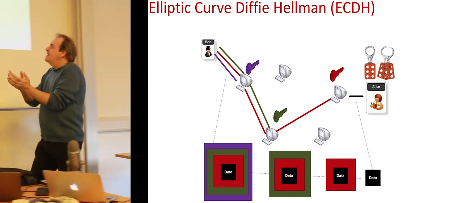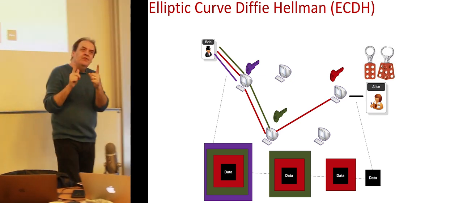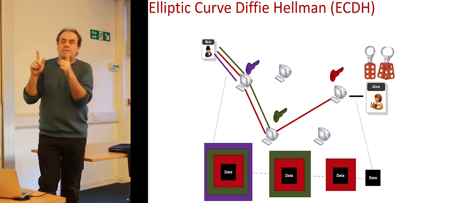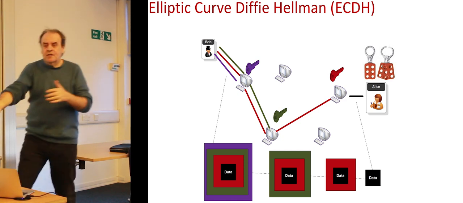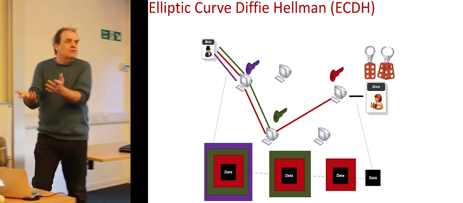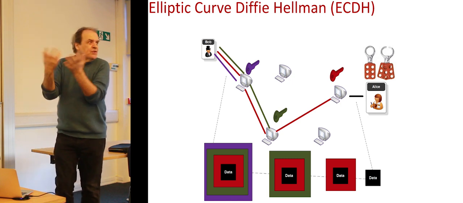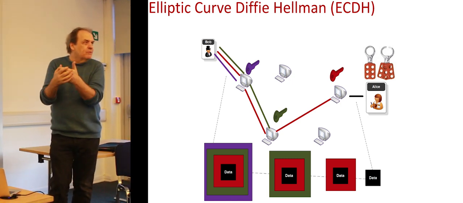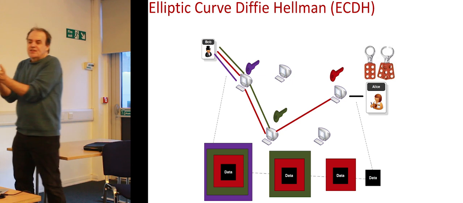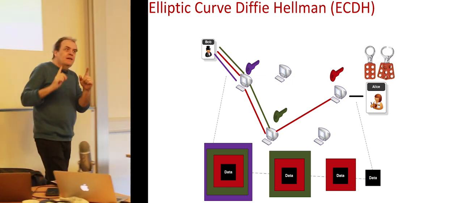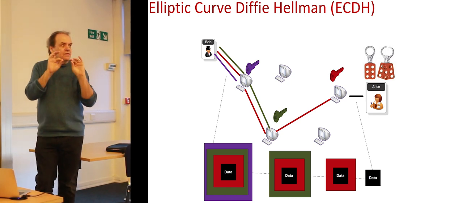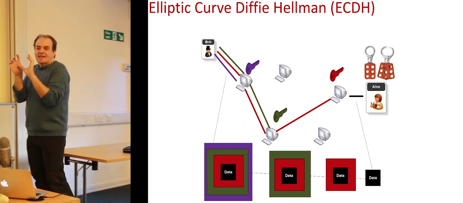And then elliptic curve Diffie-Hellman is used to negotiate between Bob and each of the nodes who want to be part of the network. So it doesn't have to be routers and so on, it can be people's machines. Each will negotiate a key with elliptic curve Diffie-Hellman, and they will create a 256-bit AES key.